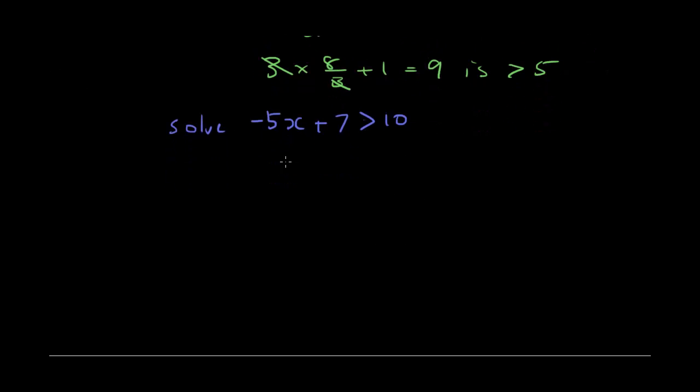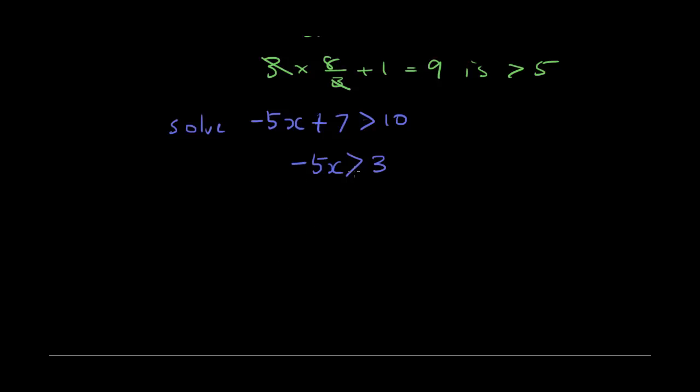Now you would do the same thing as previously. Treat it like an equal sign. So I'm going to move the 7 to the other side, so it's 10 minus 7, which is 3.